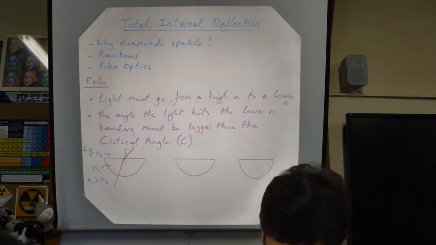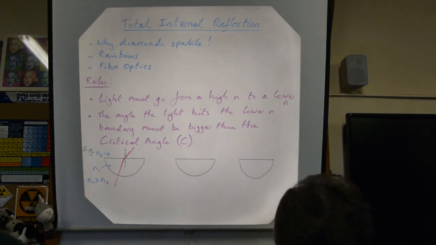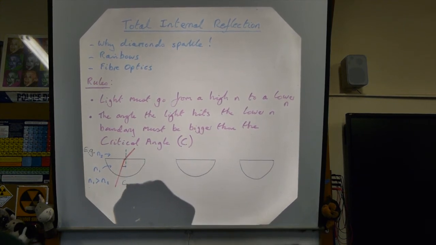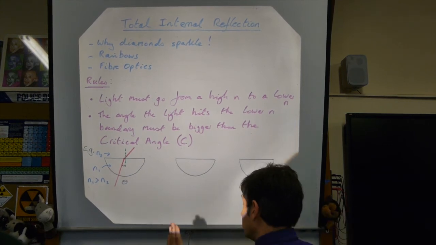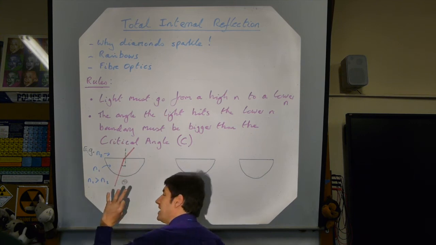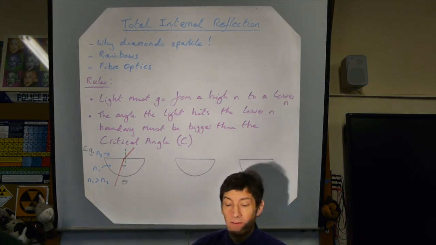Now, there's something interesting about these angles. This angle here, so theta here, is such that the light will go in, I'll draw an arrow on it in a minute, and will cause refraction, not reflection.